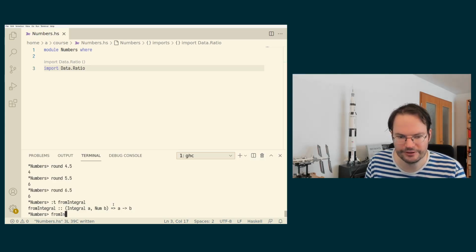So you can use fromIntegral to explicitly convert from an integer to a Double if you need that.